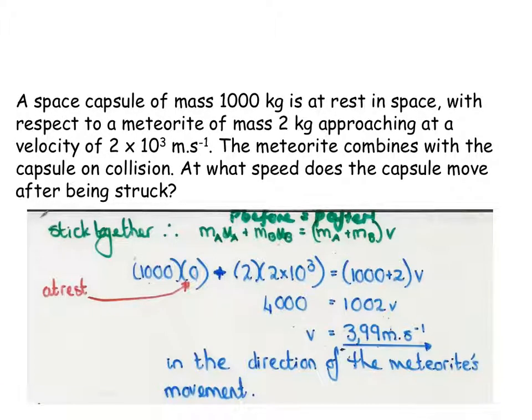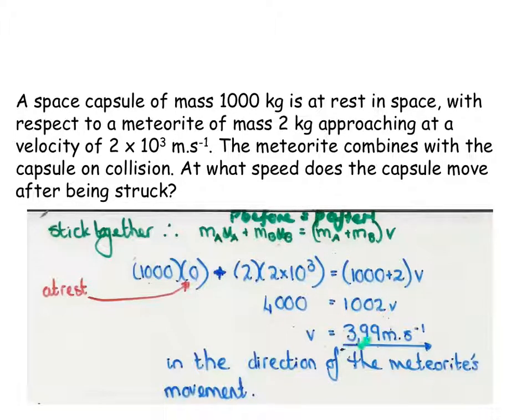We've got a space capsule, and it's at rest in space. It's 1,000 kilograms. At rest means it's standing still. With respect to a meteorite of 2 kilograms that's hurtling at 2,000 meters per second. The meteorite combines with the capsule. So you then combine their masses, so they become 1,002 kilograms, and they've now got a combined velocity.